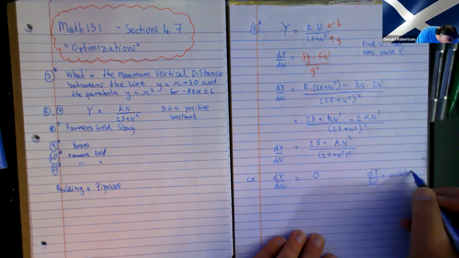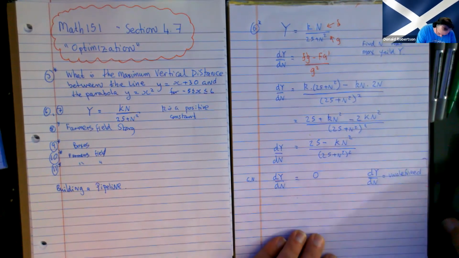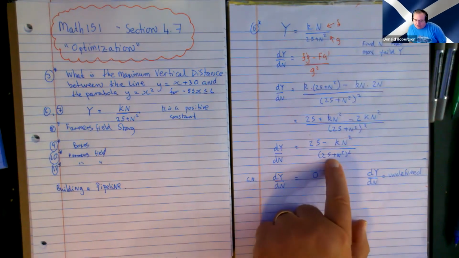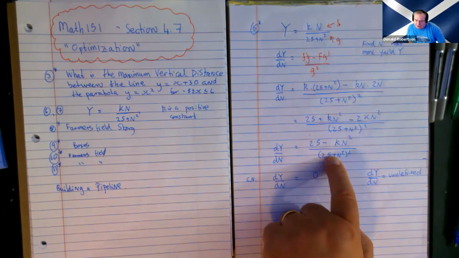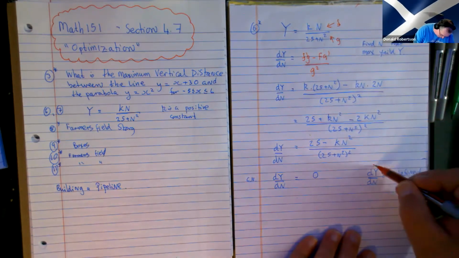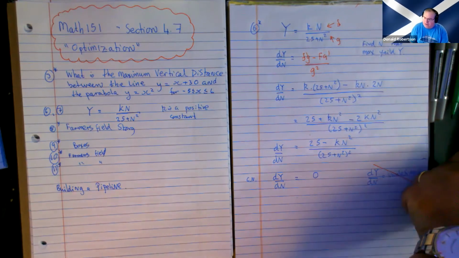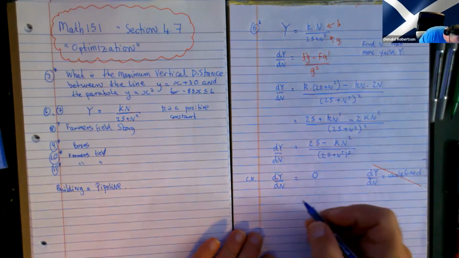That might be where our solution lies. Well, that fraction is only going to be undefined when the entire bottom is 0, and 25 plus n squared is never going to be 0. So there is no undefined to look at in the first place.